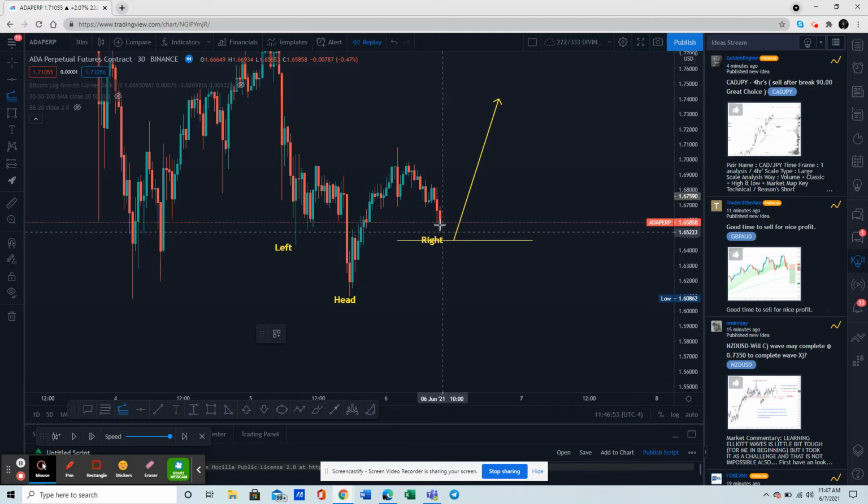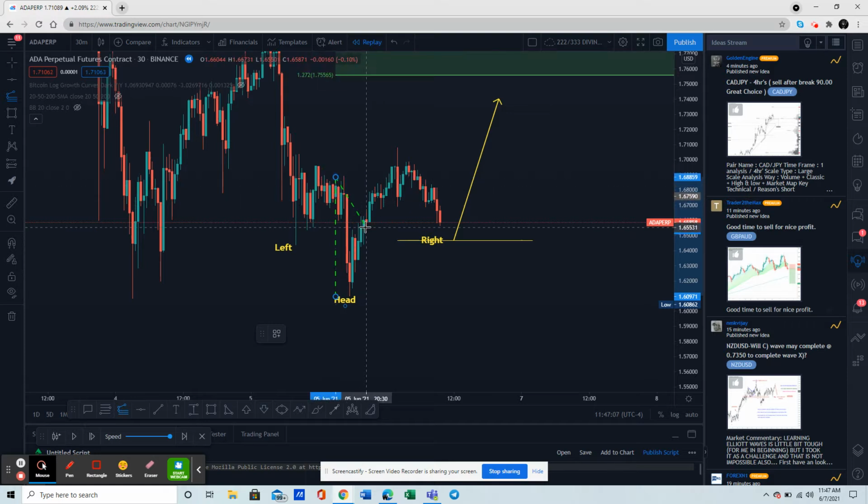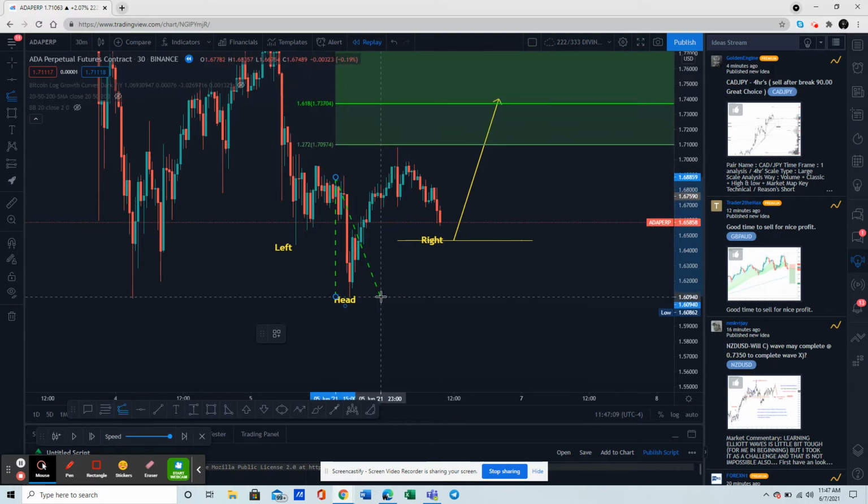And then we had a correction, which formed the right shoulder of the inverted head and shoulders. All right, and what we want to do is take it to here, which would be about the neckline. We want to bring it back down. Okay, and so this is how we got our targets.